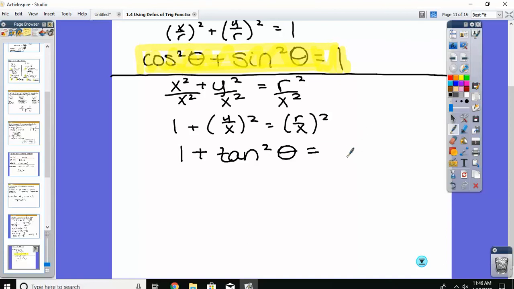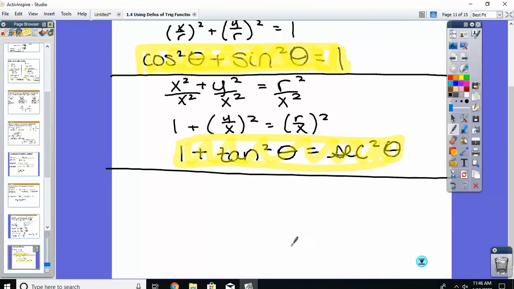What's r over x? Secant. So the second one is 1 plus tangent squared is equal to secant squared. How do you think we would get the third one? Divide by y squared.